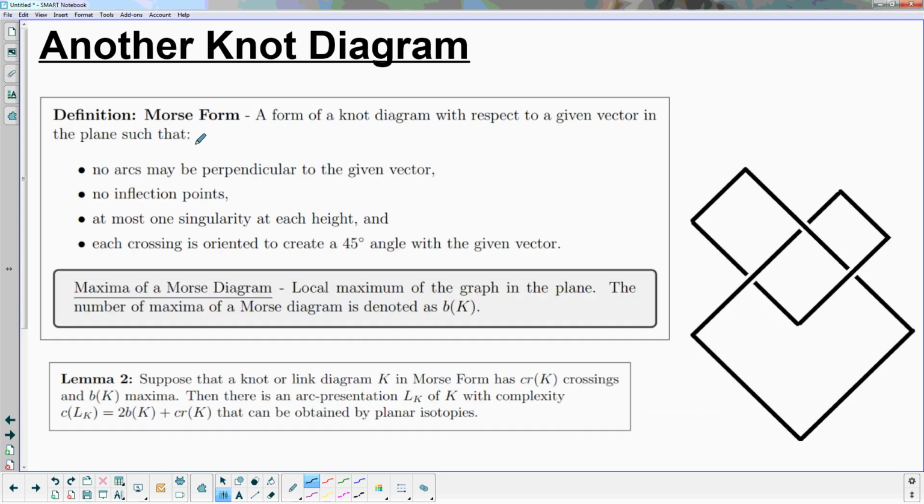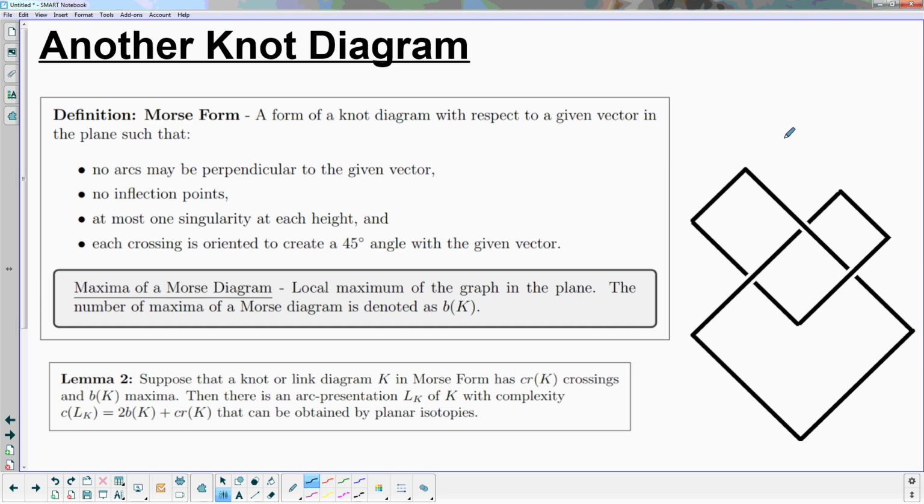Another type of knot diagram that we're going to work with is called Morse form, and it's just another way to visualize a knot. It has a bunch of rules, and I actually emailed one of the co-authors of this paper to get a little better idea of what Morse form is all about.